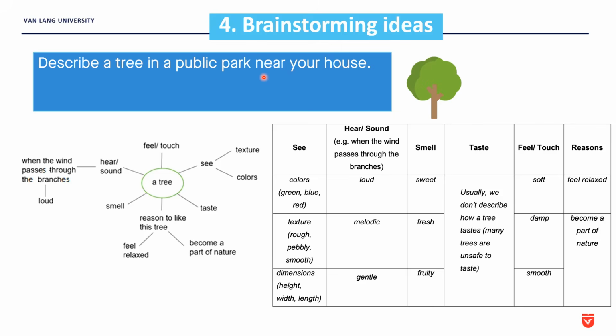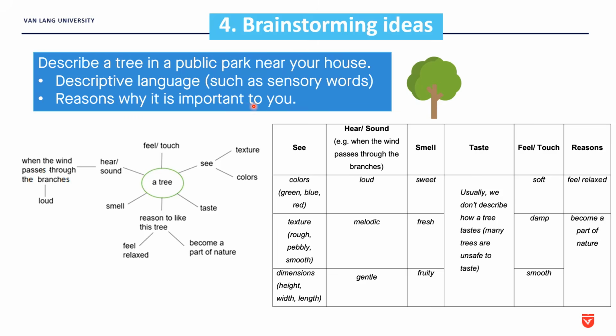When you describe a tree, you can think of descriptive language, such as sensory words, and why it is important. Remember that? You don't have to use all the sensory words. Like in this example, we don't describe how a tree tastes. Many trees are unsafe to taste.